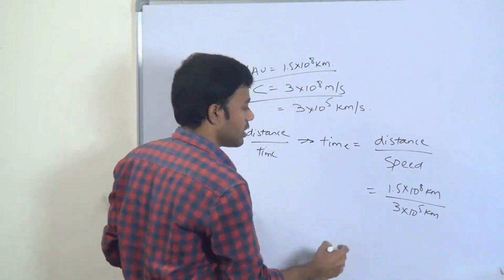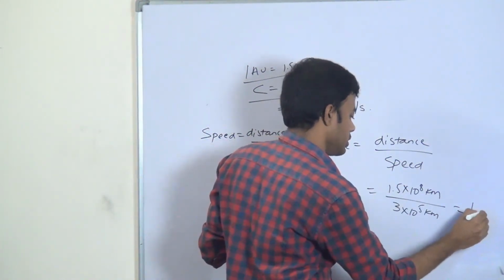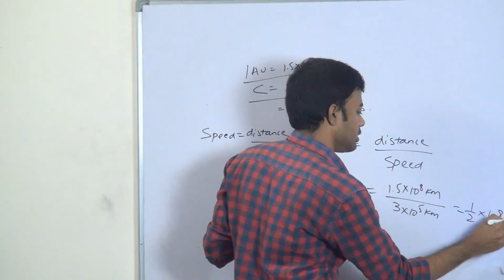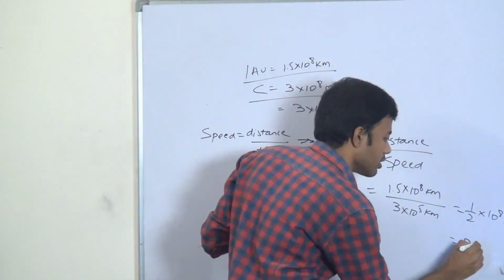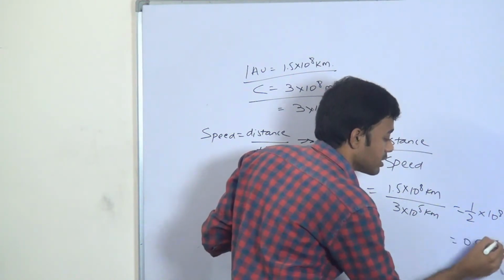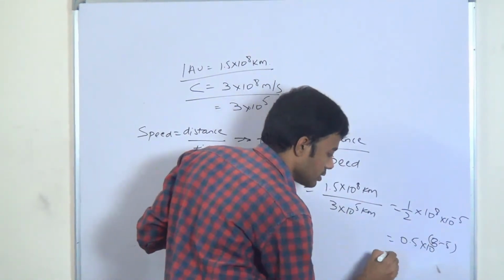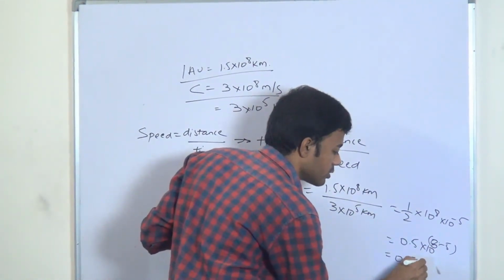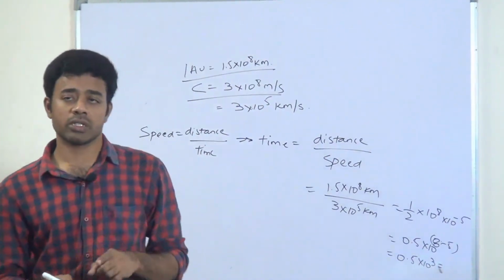So 1.5 by 3 is 1 by 2, into 10 to the power of 8 into 10 to the power of minus 5. You will get 0.5 into 10 to the power of 8 minus 5, which is 3. So 0.5 into 10 to the power of 3, and 10 to the power of 3 is 1000.